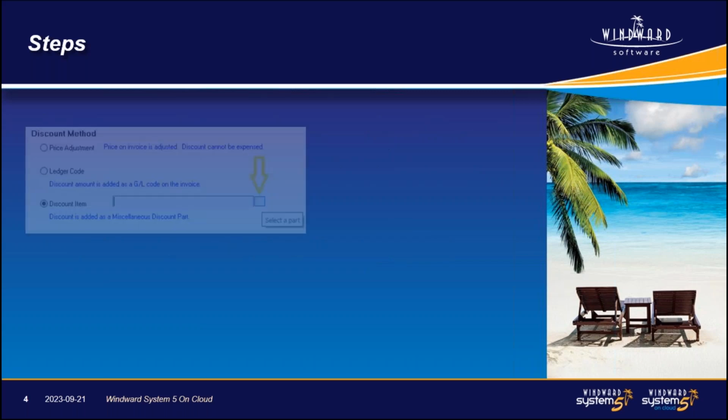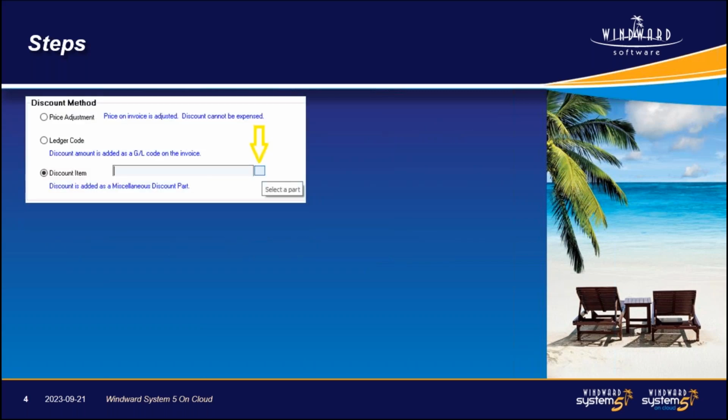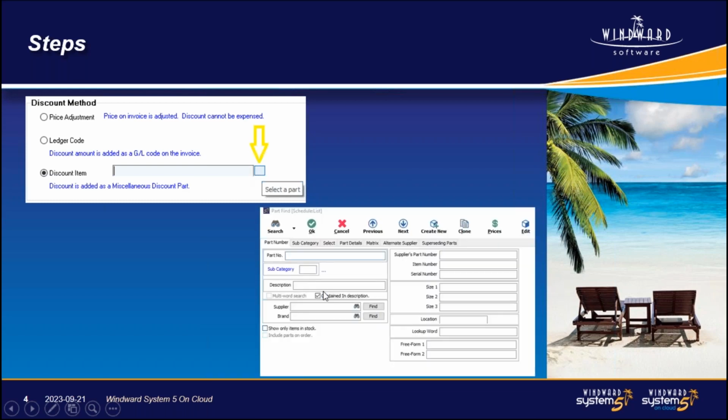And then once you're done setting that up, you then go to the options of your promotion rule and reward rule. And then since you cannot type it in the search box, you have to click this little box here to pull up the part find window to select that discount item or non-inventory item for the discount.